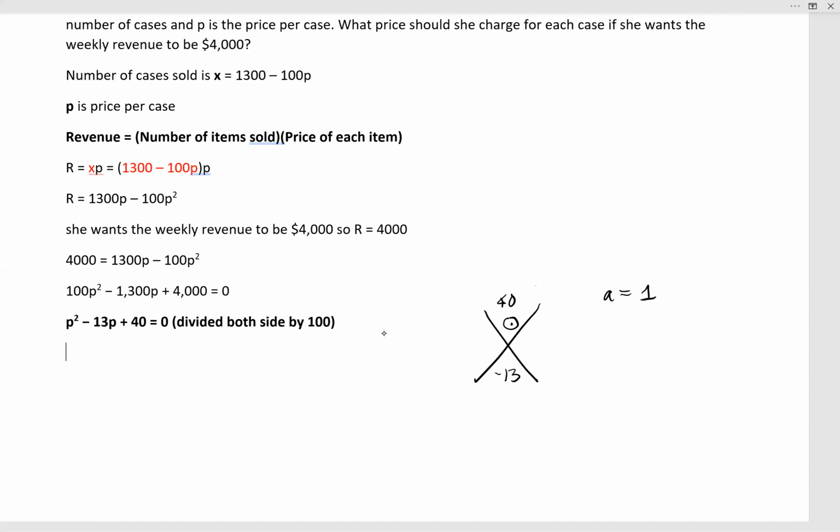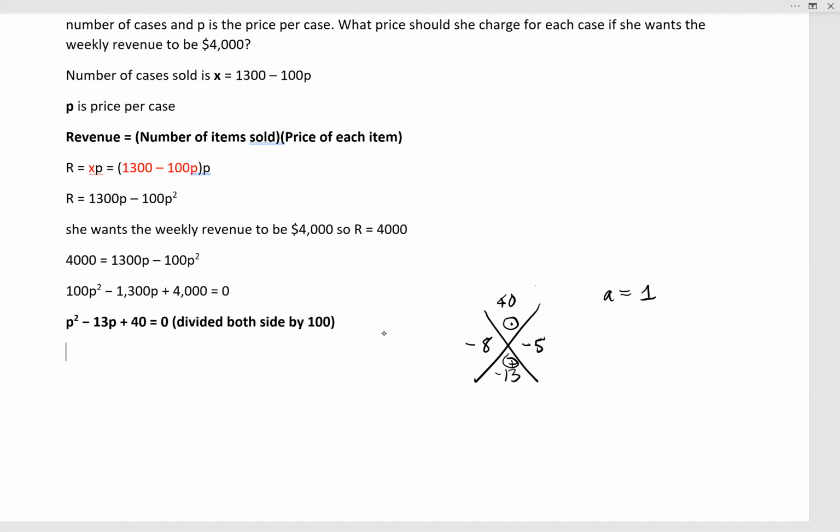Okay, so is there any two numbers that multiply to 40 and add to 13? Let me see. 4 and 10, no, doesn't work. 8 and 5, okay, 8 and 5 works because I'm going to put negative 8 and negative 5 here.